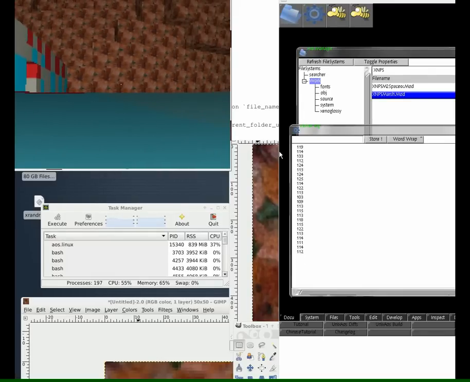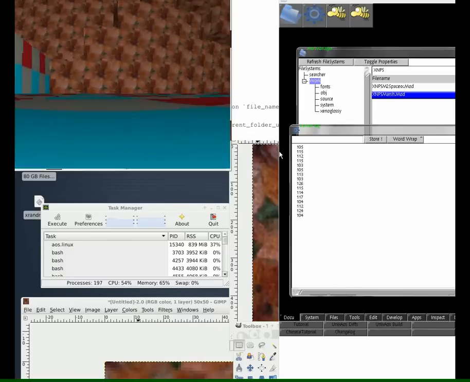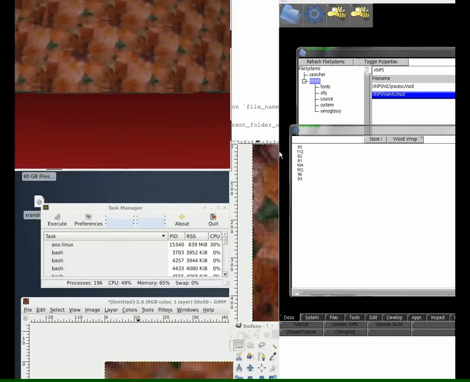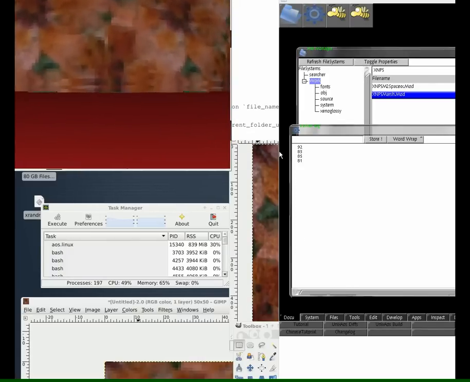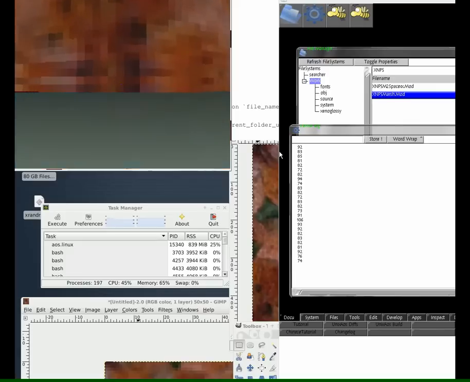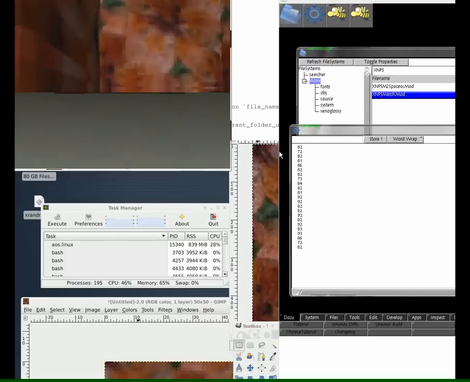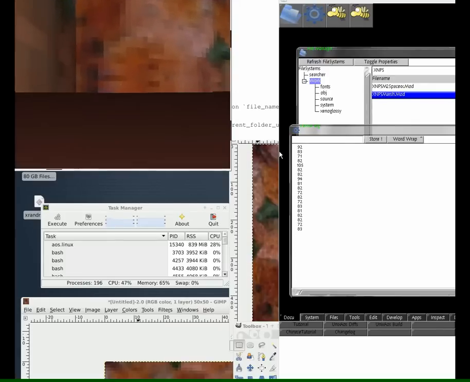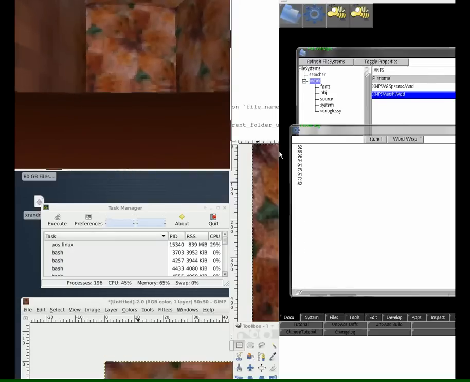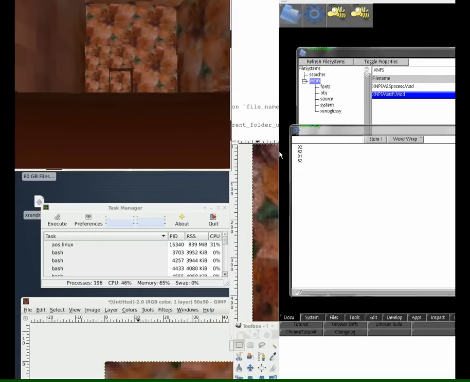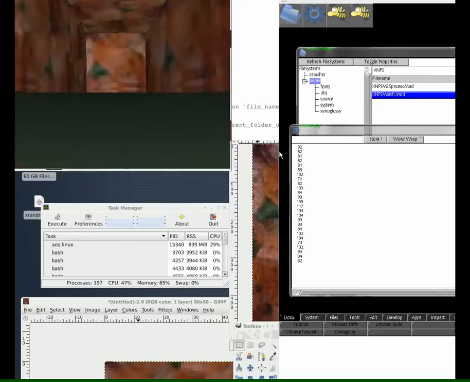So, things to notice. First of all, look at the frame rate, which is over on the operating system window in the kernel log. You see these numbers appearing, this column of numbers. Each number represents a frame.